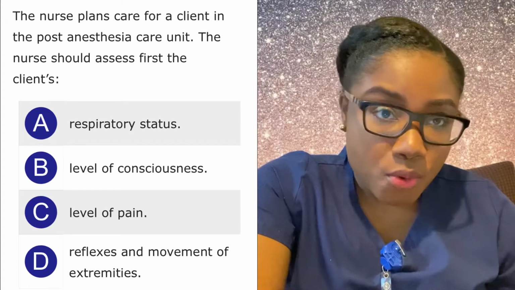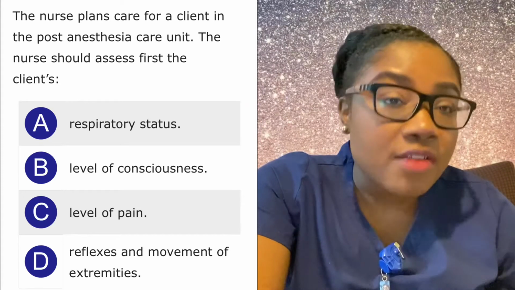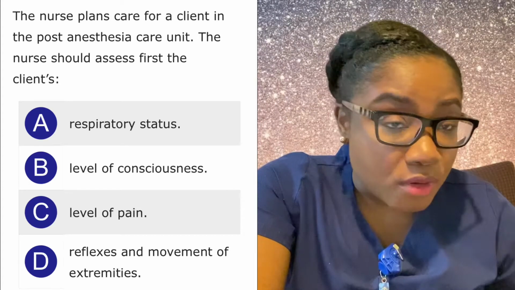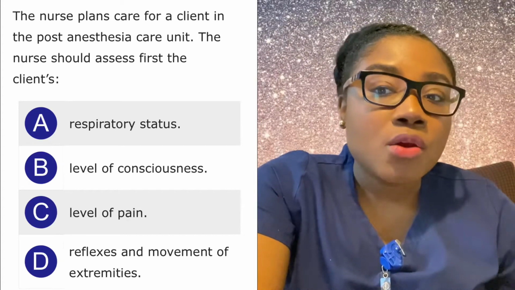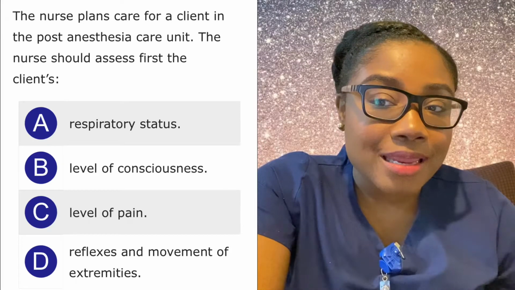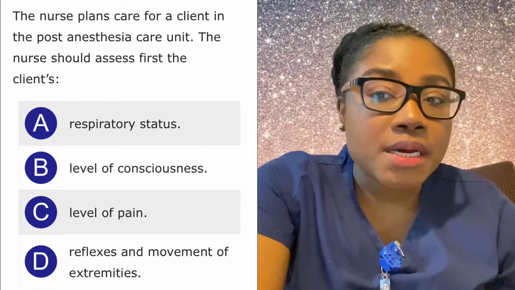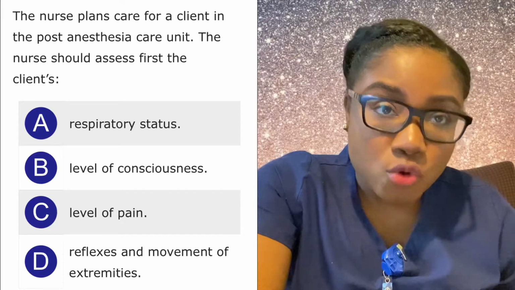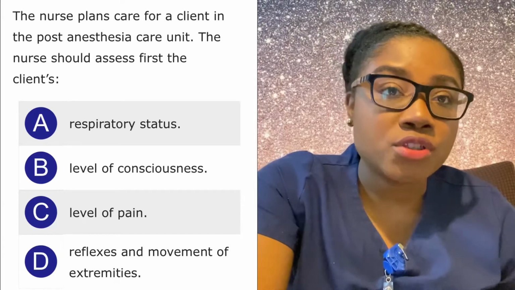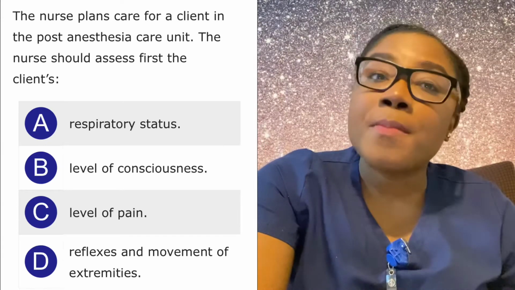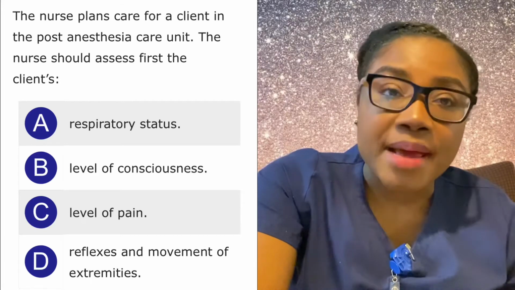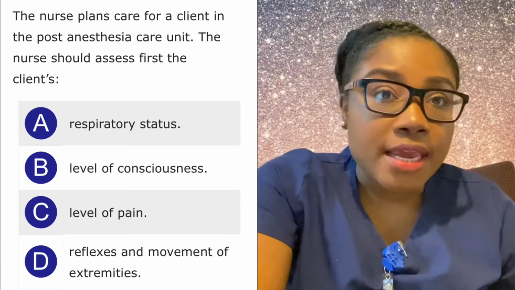All of them are important. Respiratory status, level of consciousness, very important. Level of pain, reflexes, and movement of extremities. But one of the answers is the priority. So let's go back to our ABCs and Maslow's hierarchy of needs. ABCs.